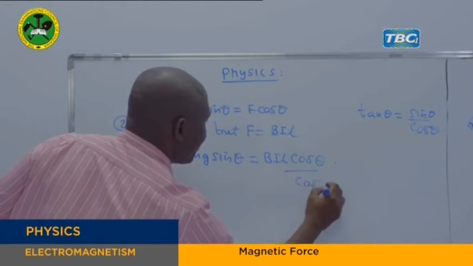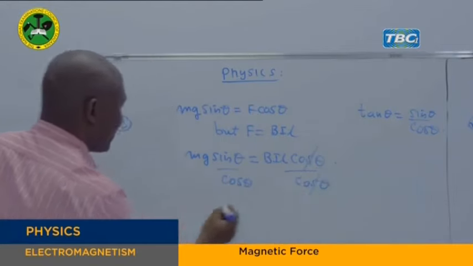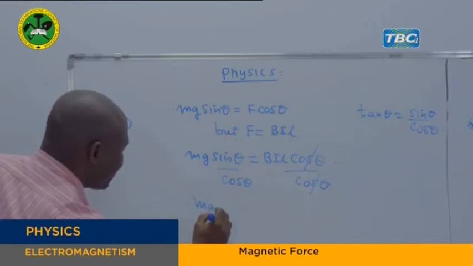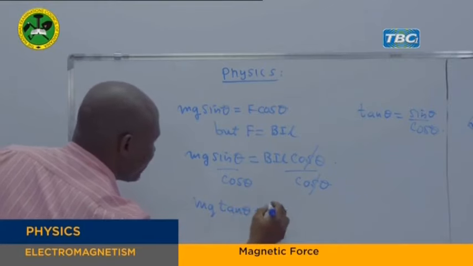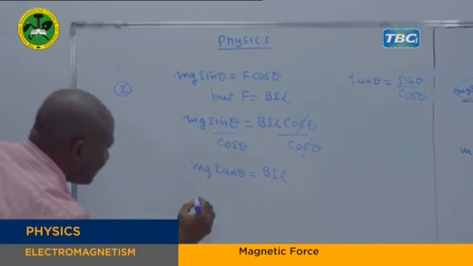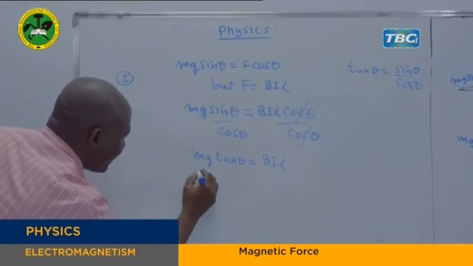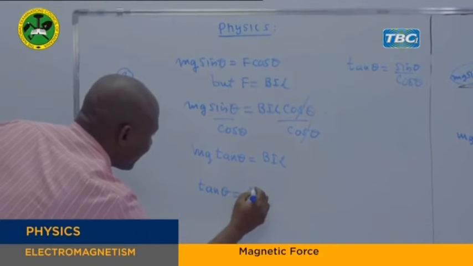This cos theta cancels out, so we have mg tan theta equals BIL. And you can divide by mg on both sides. You can find that tan theta, which is the angle, is given by BIL over mg.